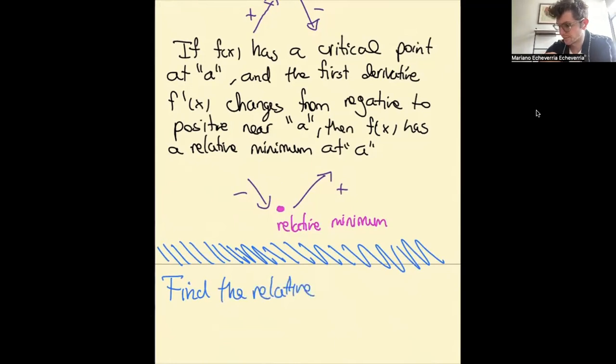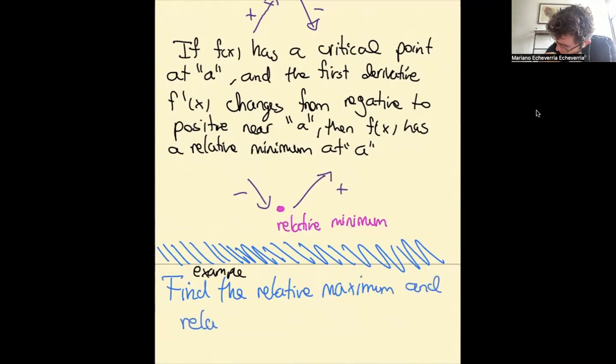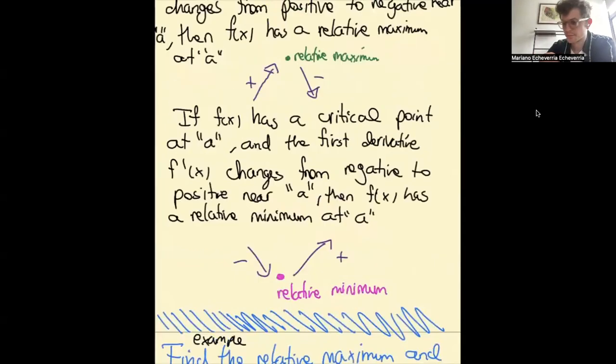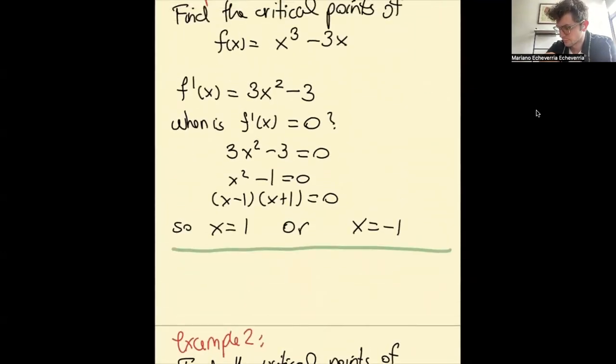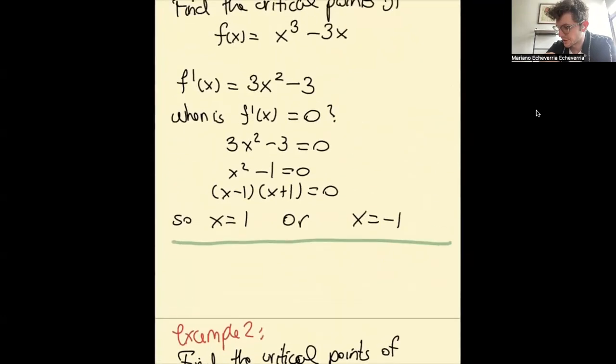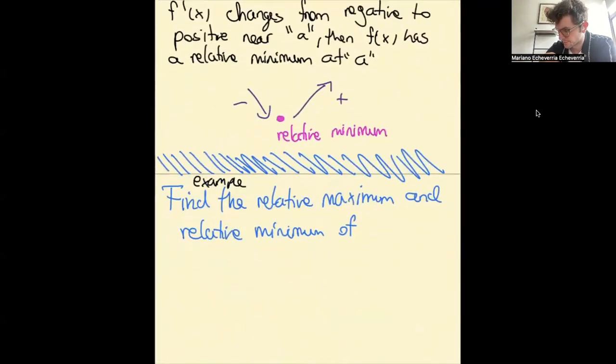Here's an example: f of x equals x cubed minus 3x.